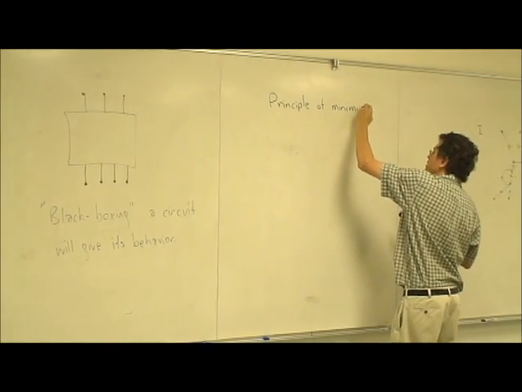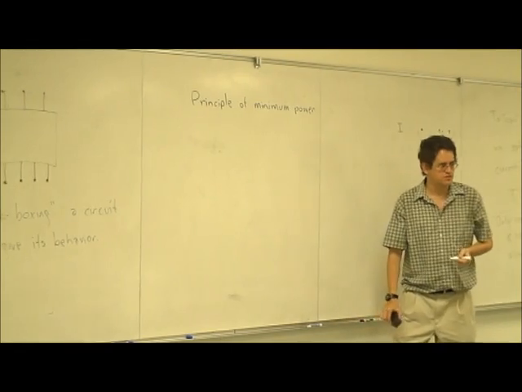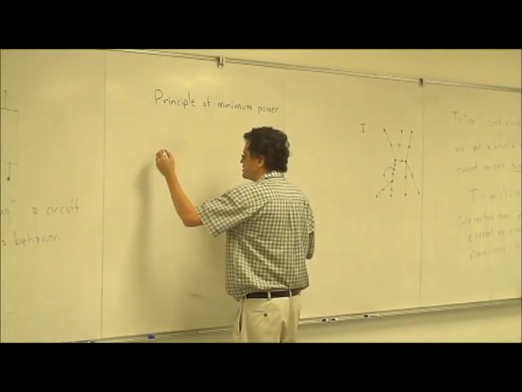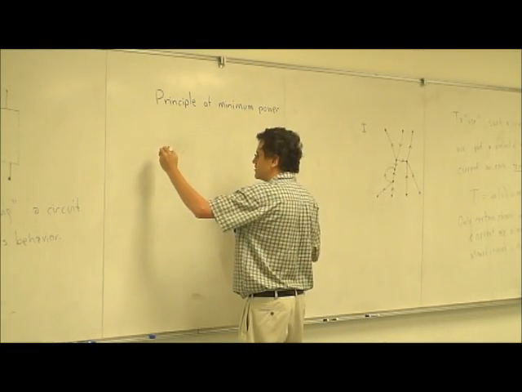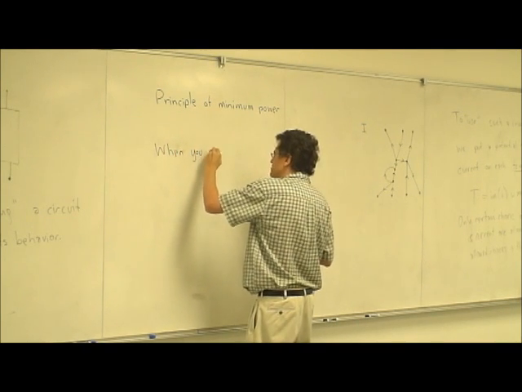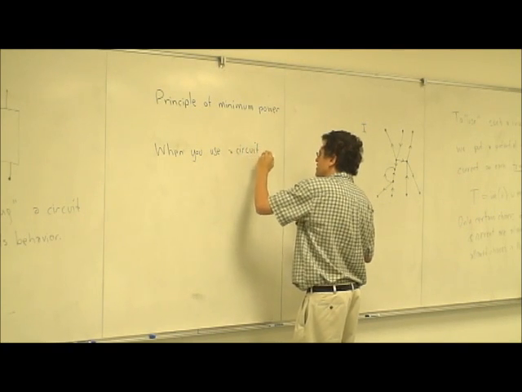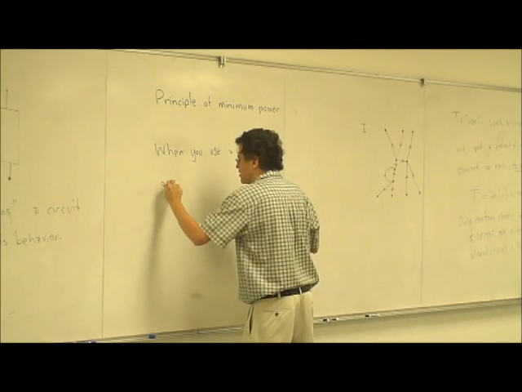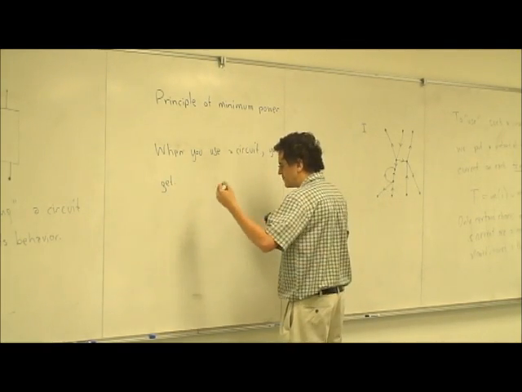The principle of minimum power is a principle that says what a circuit made of resistors does. So what does it do? We have to introduce what we're minimizing over, and then the power will be a function of that. So when you use a circuit, when you sort of turn it on, you get more data than we've been talking about at first.